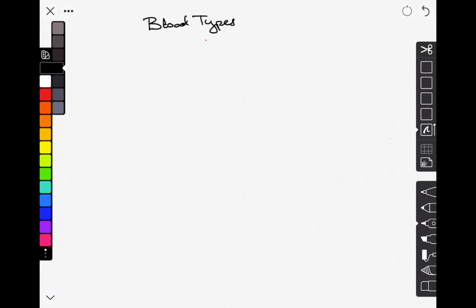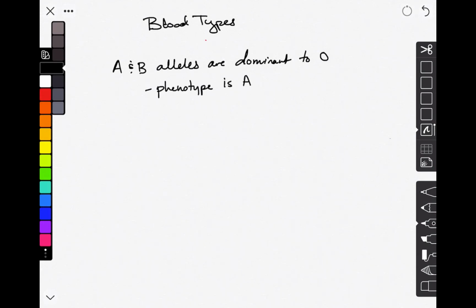How is blood type inherited? Well, the A and B alleles are dominant to O. So what this means is that someone whose phenotype is A could be AO or AA.